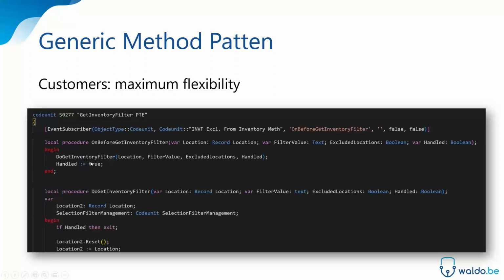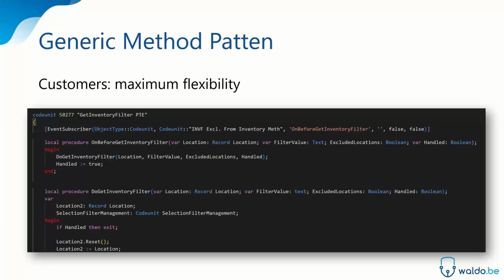And very simple: I have my new way of filtering here, and I basically just handle it, done. It's like going into the code unit, completely commenting out the code unit, and creating your own version of that code unit or function. That is all possible with the generic method pattern.